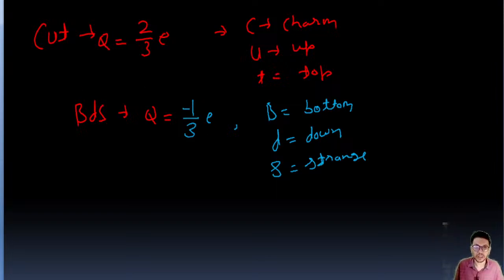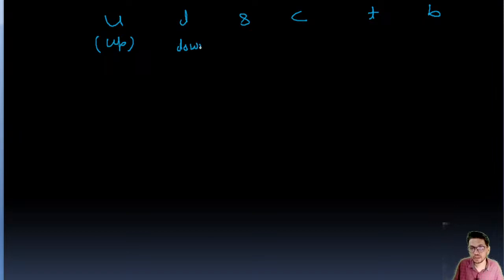Now I'll make a chart. So the chart is this one, guys: U, D, S, C, T and B. These are the six quark particles: up, down, strange, charm, top and bottom.